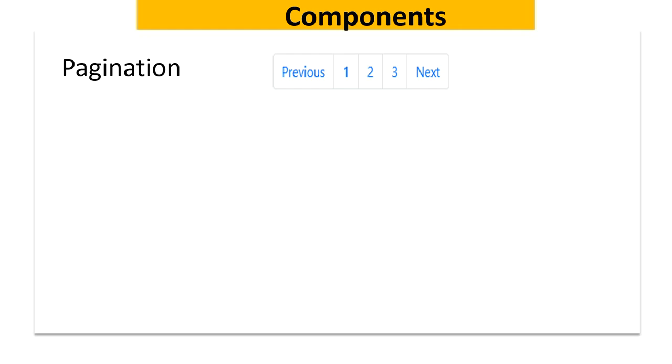Dividing the whole data from the database into different pages or parts is called pagination. How to style the pagination in the UI using Bootstrap, we are going to learn in that section.